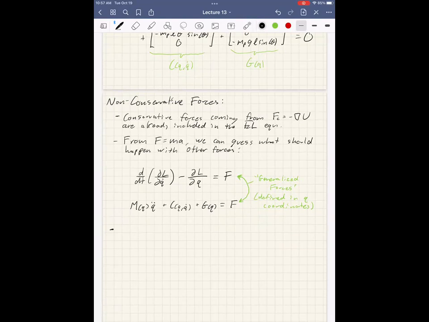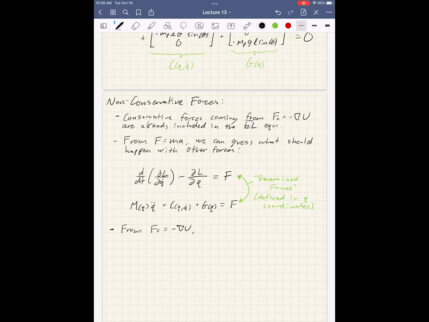Basically, what we're going to do, and this is the part that's a bit of a hack, is from this conservative force equaling minus grad U, we know we need a term to go inside the action integral whose derivative is F. So what kind of term should I put in there such that its derivative with respect to q gives me F? Sorry?